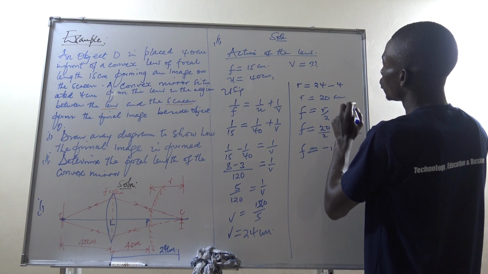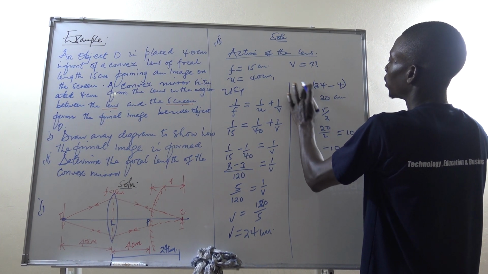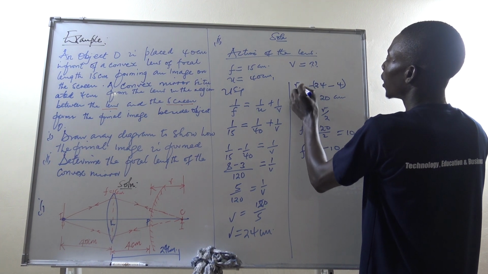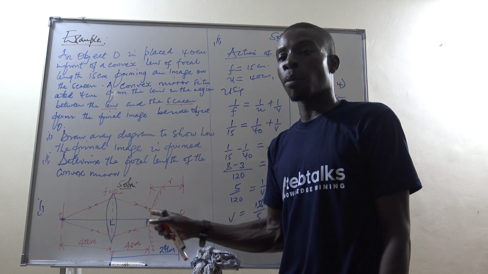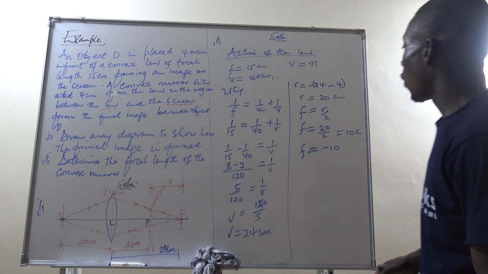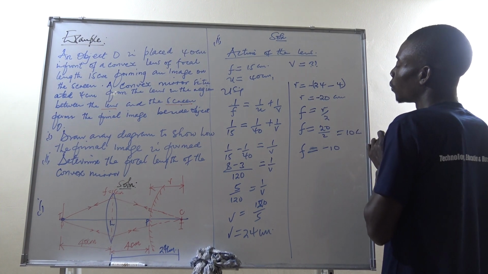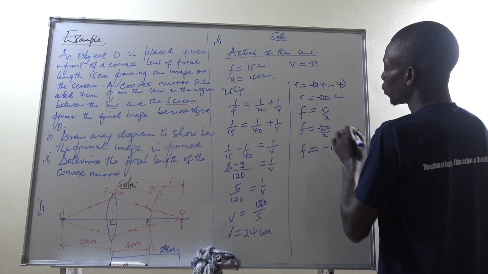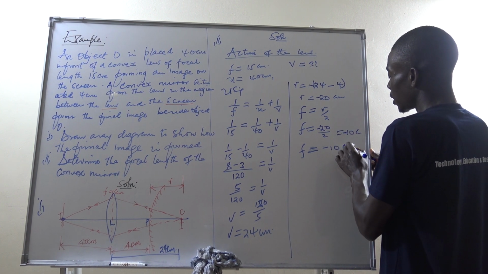Actually, you can substitute it right away from here. I can say R equals negative that, because I know the radius of curvature is supposed to be negative for convex. So this will give you negative 20. So you say negative 20 divided by 2, that is negative 10 centimeters.